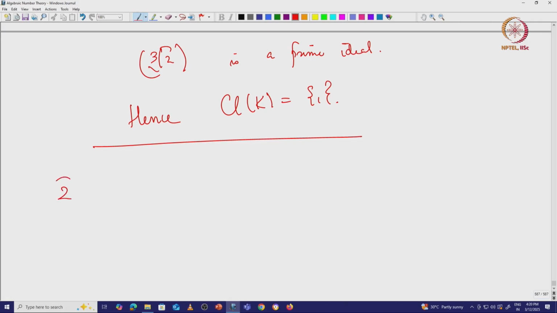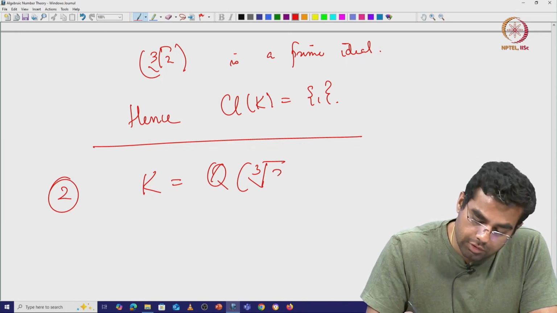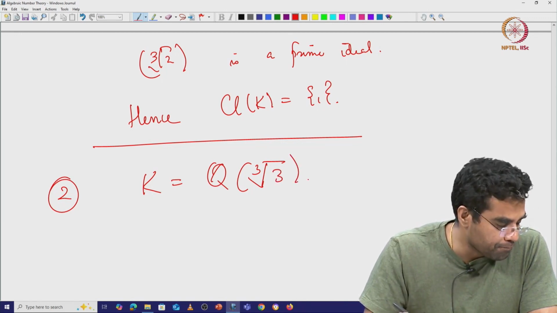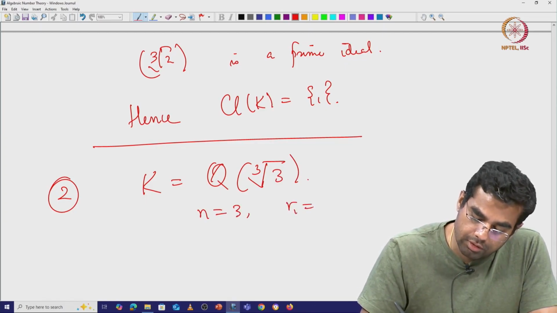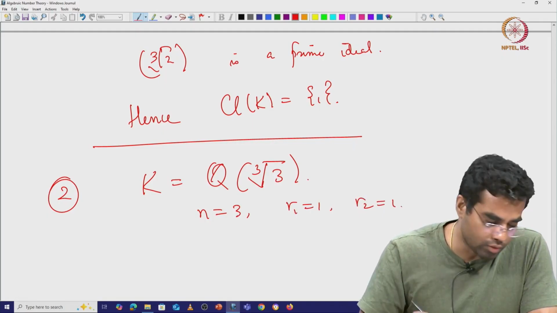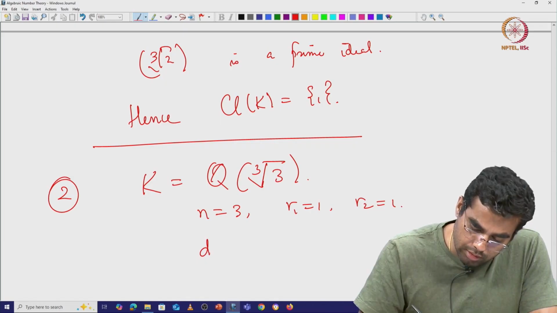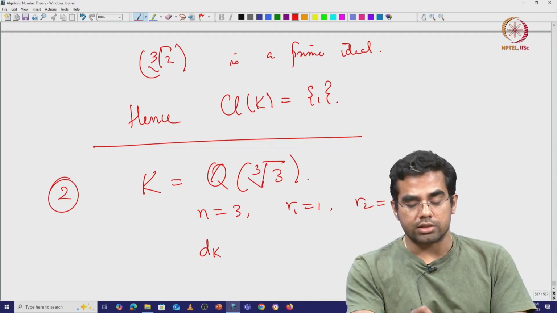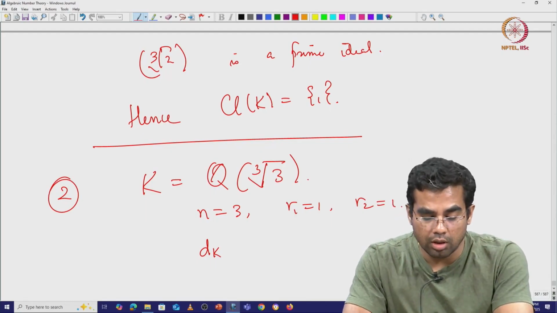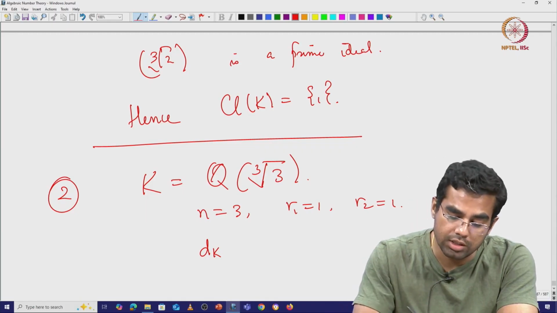So, let us look at another example of this kind. You look at cube root of 3. So, again n is equal to 3, R1 is equal to 1, R2 is equal to 1, and in this case again the discriminant turns out to be 27 times 3 squared.